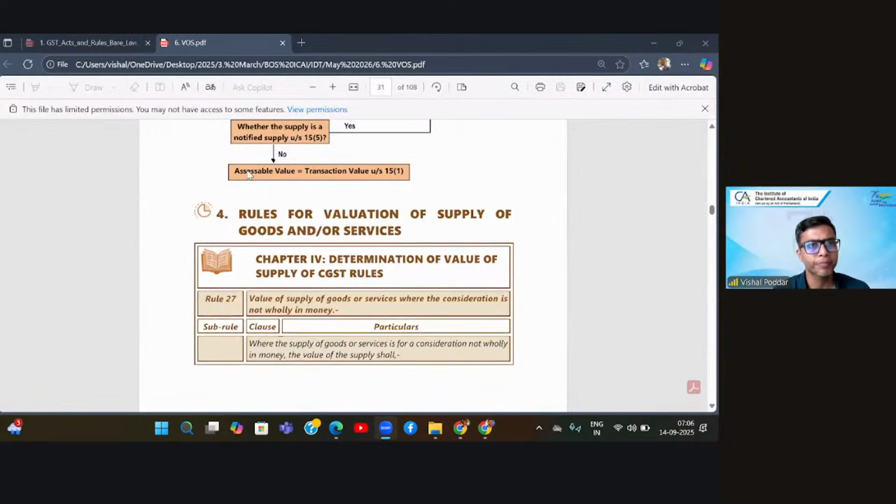That is clause D. Now clause D has a cross reference, which you also studied in the chapter of time of supply, where it is said that the time of supply for such additional consideration in the form of interest, late fees is the date when it is actually received.